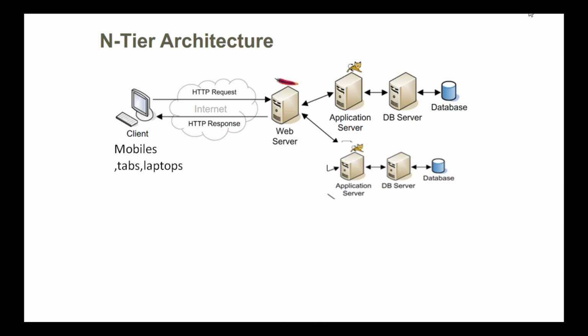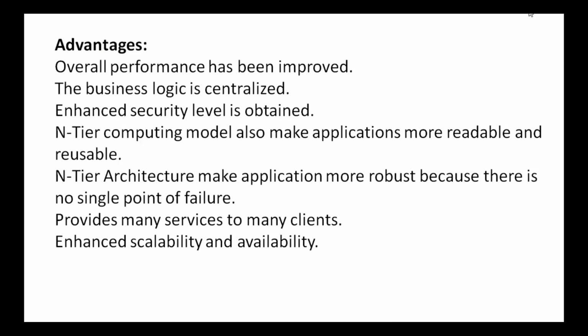That means in this entire architecture, it interacts with many servers to interact with the database system or databases. This is how the process goes on in the entire architecture.